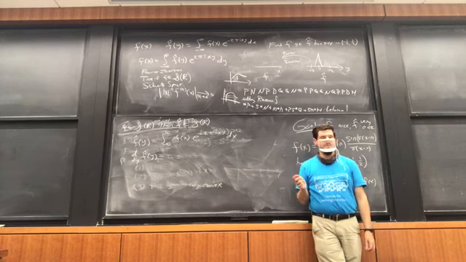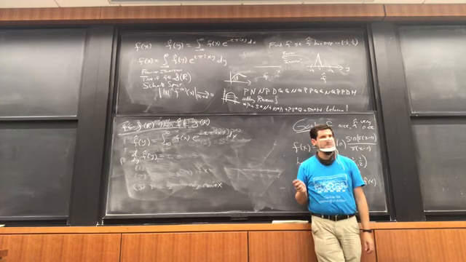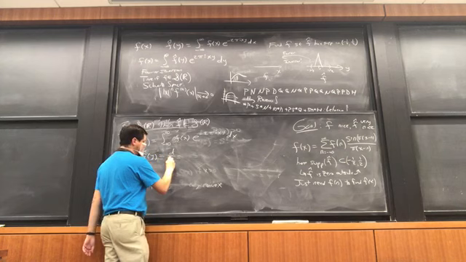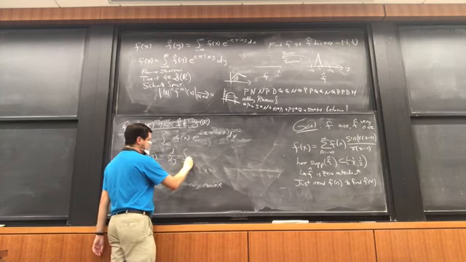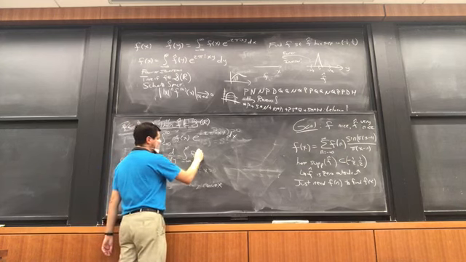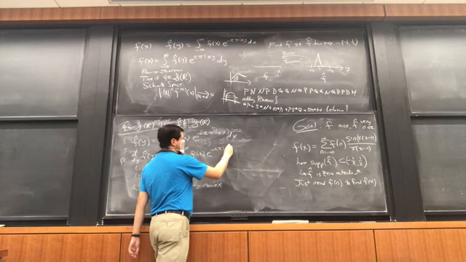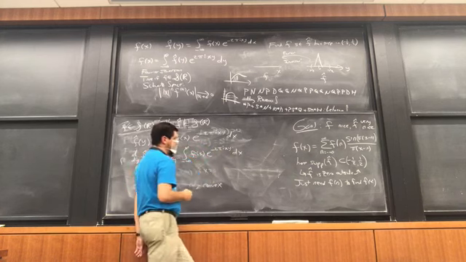What do you want to do to take the derivative? I'll write it slowly. It's d by dy of the integral from minus infinity to infinity of f of x e to the negative 2 pi i xy dx.